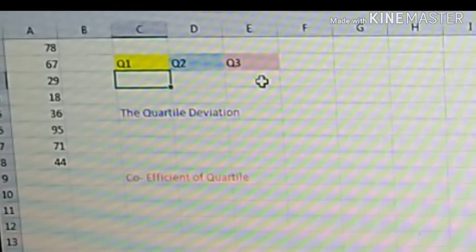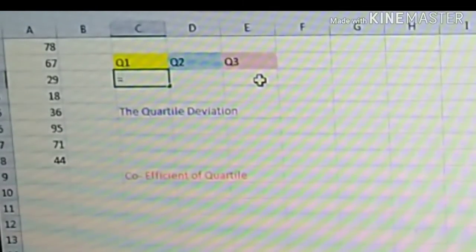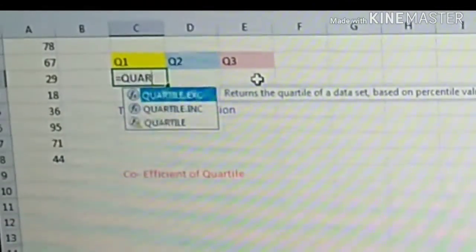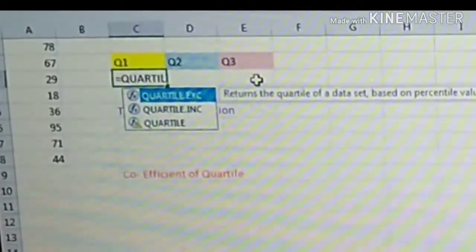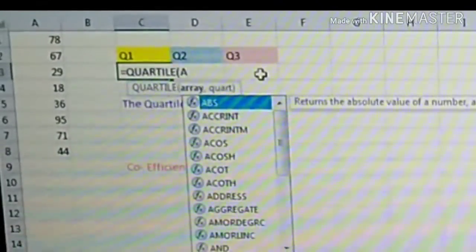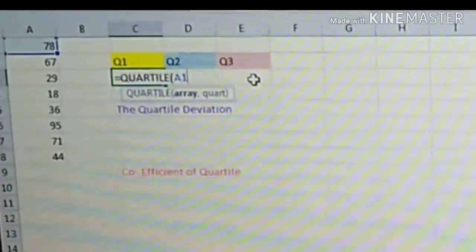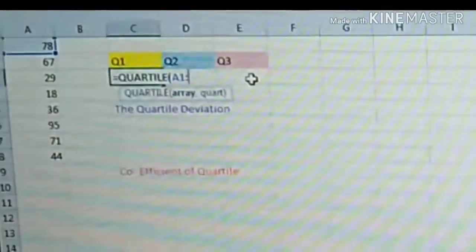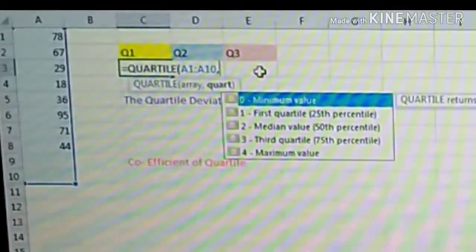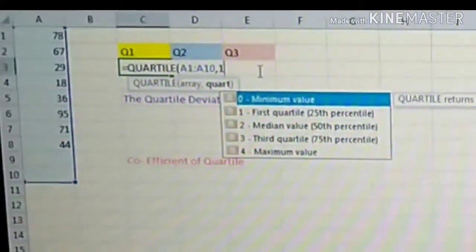First, what formula are we going to use? You need to input this formula: equals QUARTILE, open parenthesis, A1 to A10, then comma, and since we need to find quartile 1, we input 1.